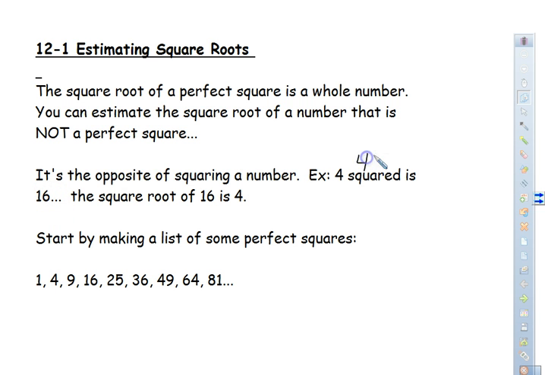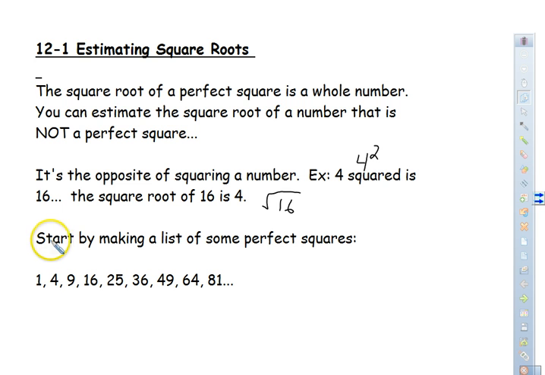The square root of 16 is 4, and it is written in this manner. The square root is the opposite of what squaring is.